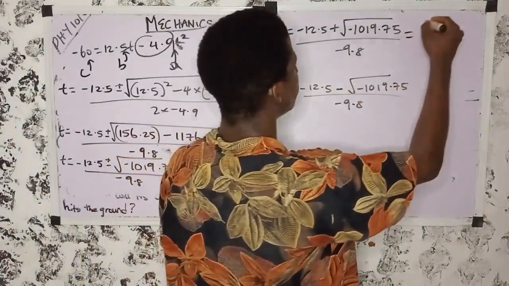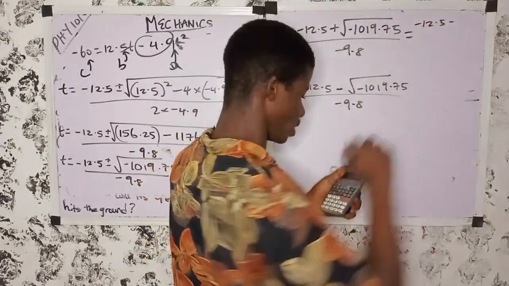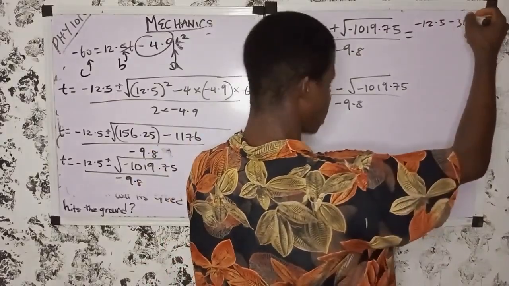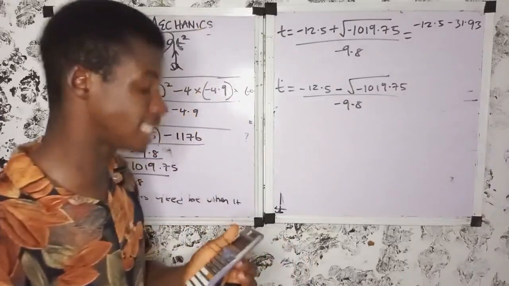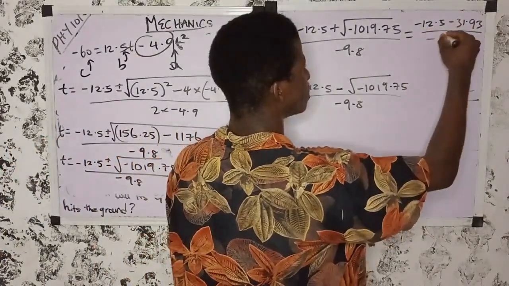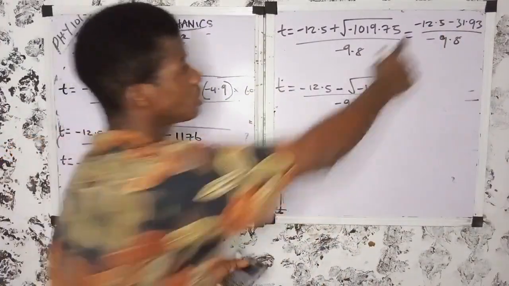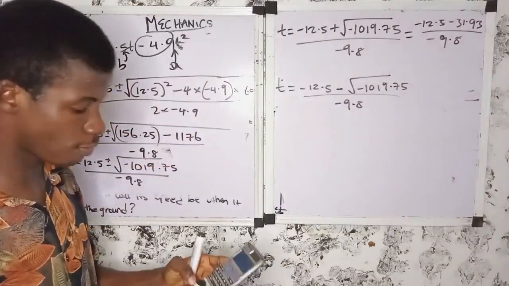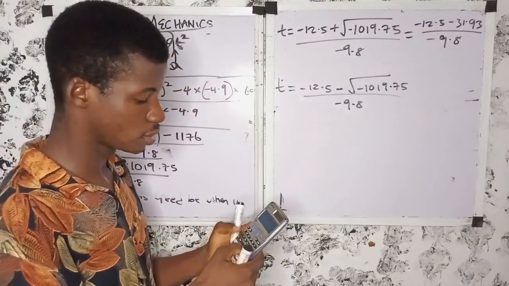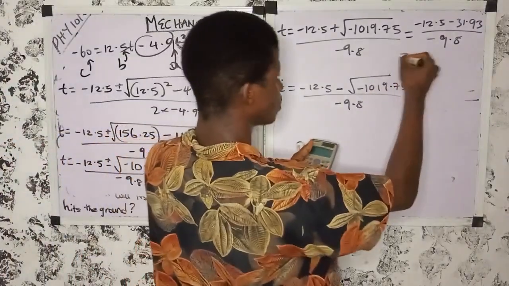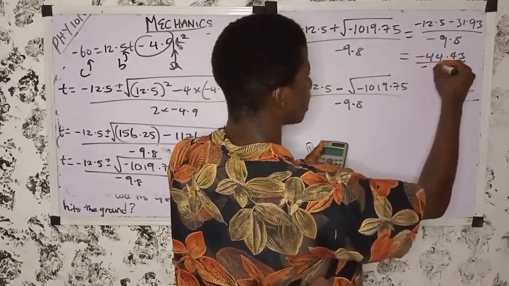So now it equals minus 12.5, and minus times plus will give us minus 31.93, all over minus 9.8. When we subtract these two parts, minus 12.5 minus 31.93 gives us minus 44.43 divided by minus 9.8.